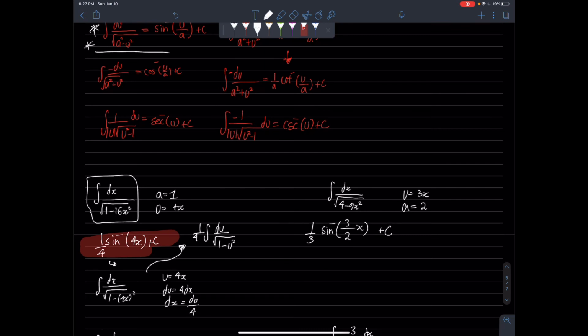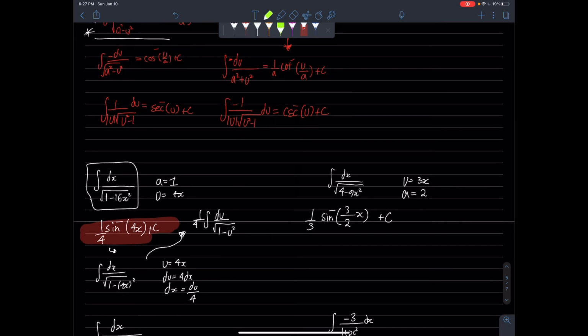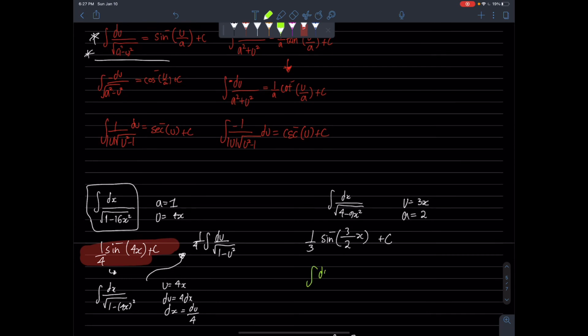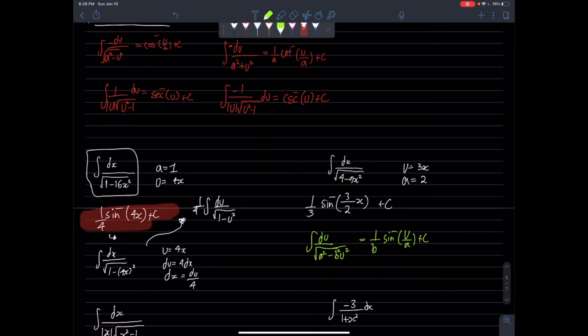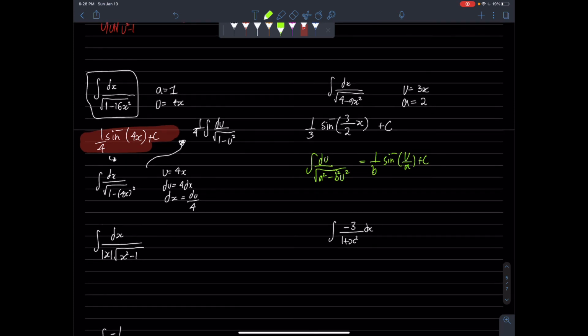So you can generalize that formula even more and just say that instead of making it that, you can make the formula this: du over root a squared minus b squared u squared. And that would just give you 1 over b times sine inverse of bu over a. But this one's redundant because if it's a very complicated one, this will not hold, and you'd have to do substitution either way.